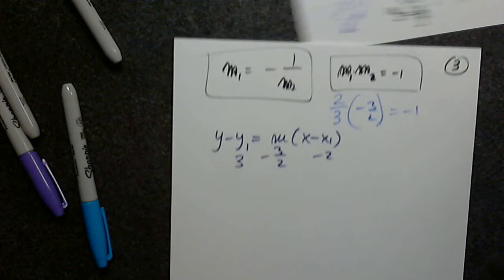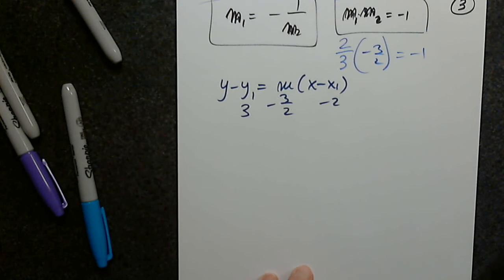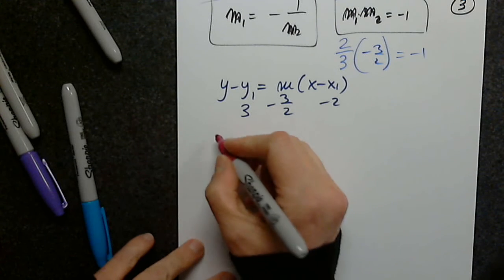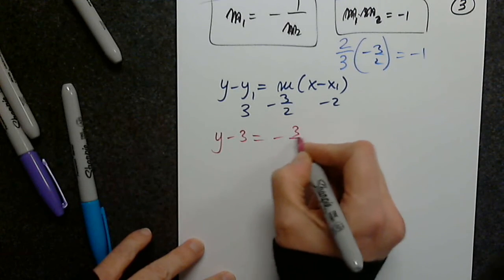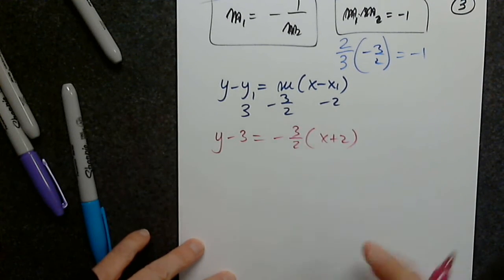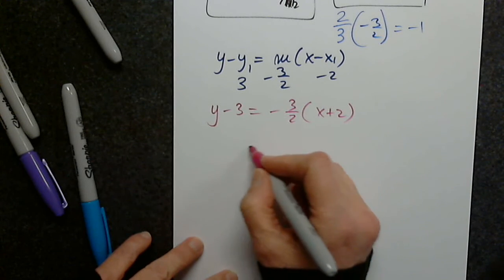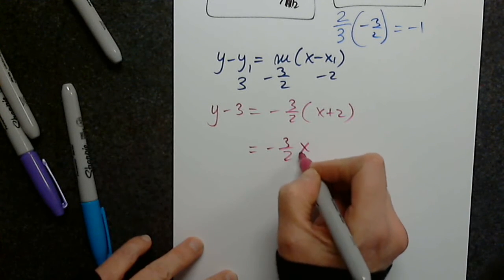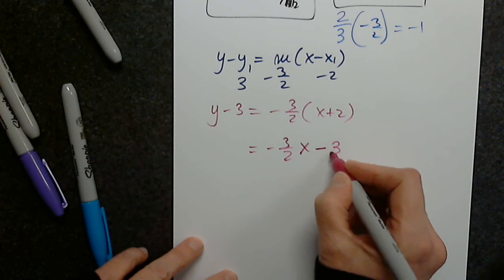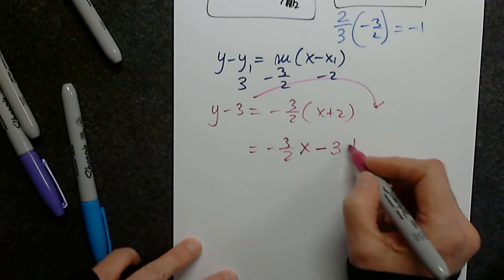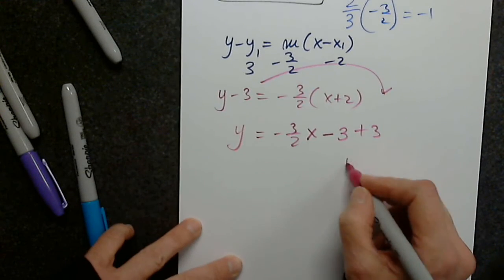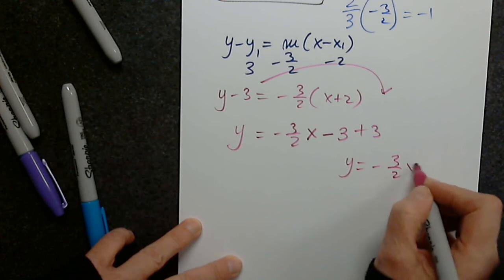We're going to finish it up. So y minus 3 equals -3/2 x plus 2. Now when I distribute, I get -3/2 x. This time I only have -3, and luckily I bring over a +3, so this is -3/2 x.